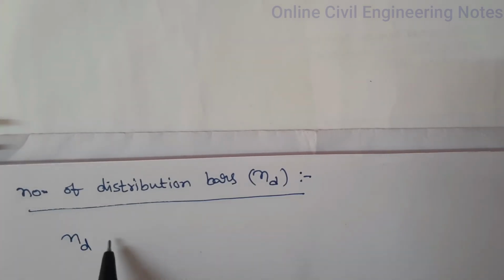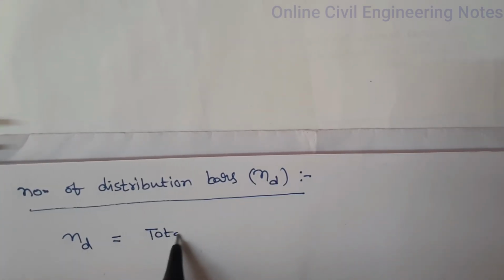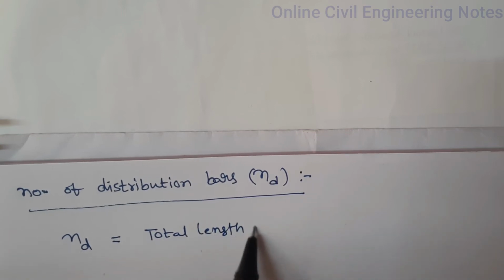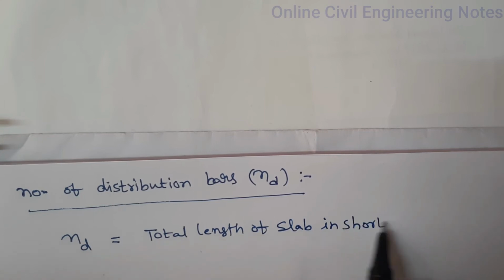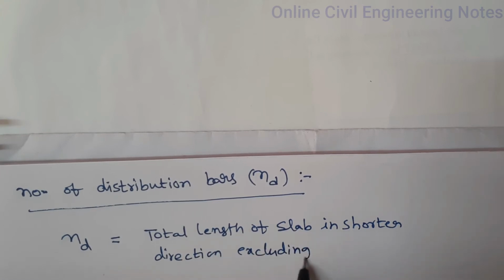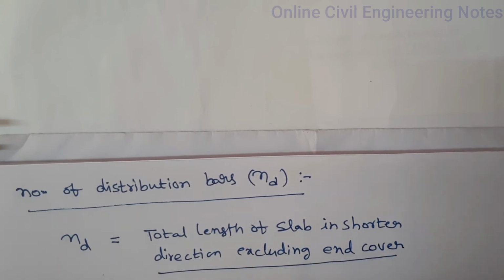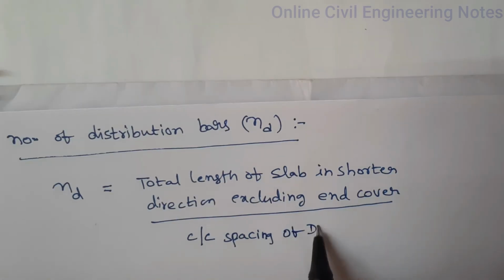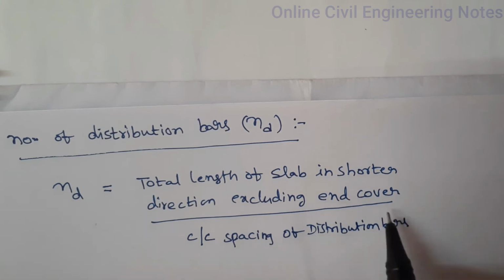ND, number of distribution bars, is equal to total length of slab in shorter direction excluding end covers, divided by center to center spacing of distribution bars, plus 1.